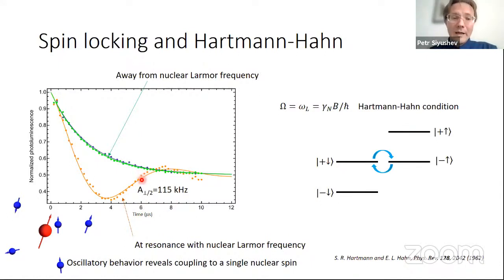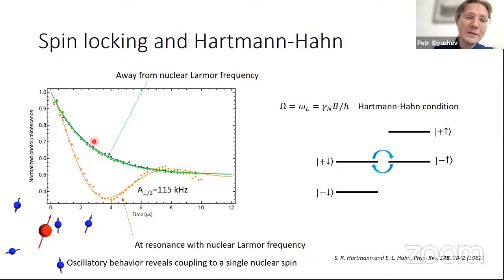Also, this technique opens the way for polarization of the nuclear spin, because each time we go from one state to another, we also evolve to a different orientation of the nuclear spin. Therefore, going along this curve and stopping, choosing a specific pulse, we can always polarize our nuclear spin.